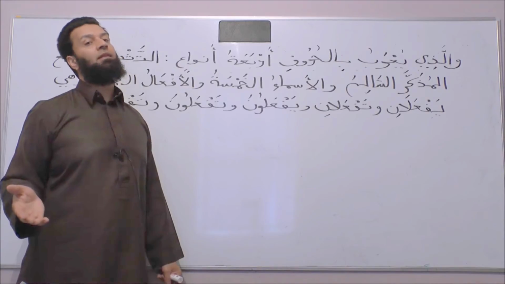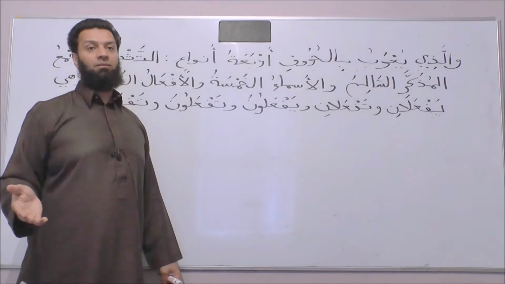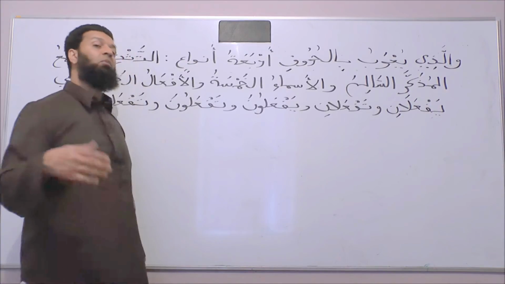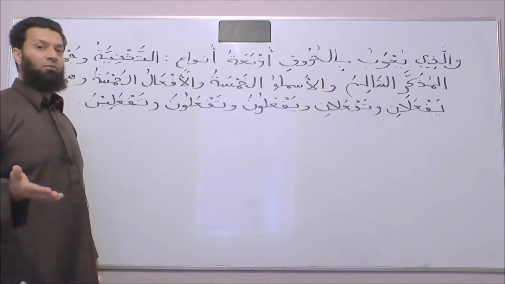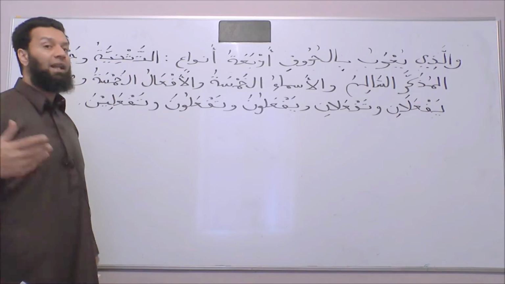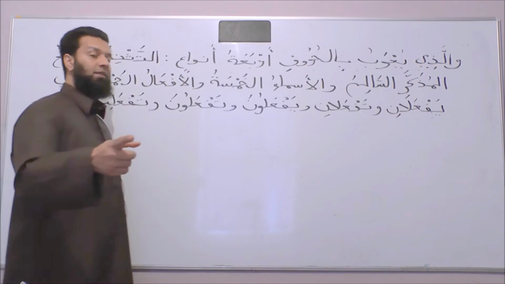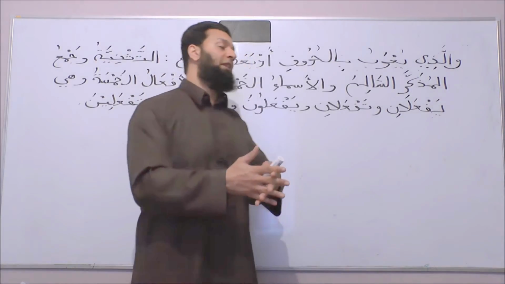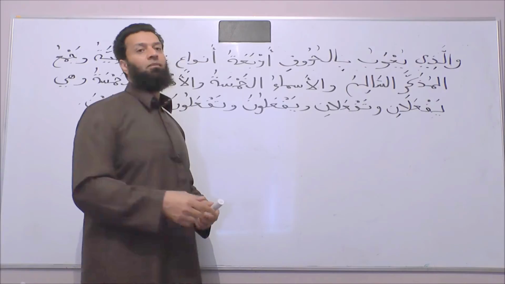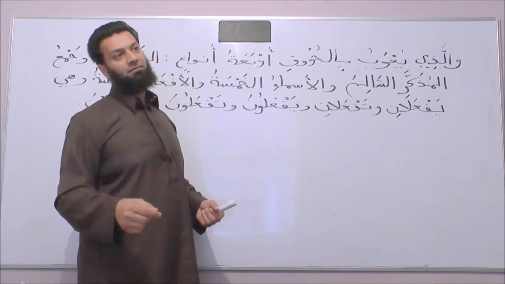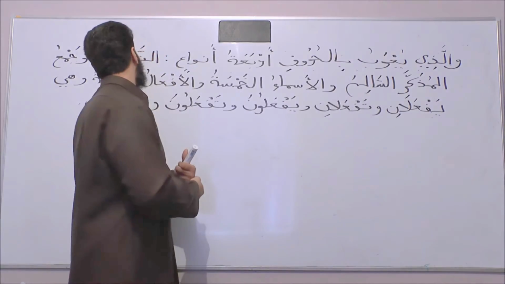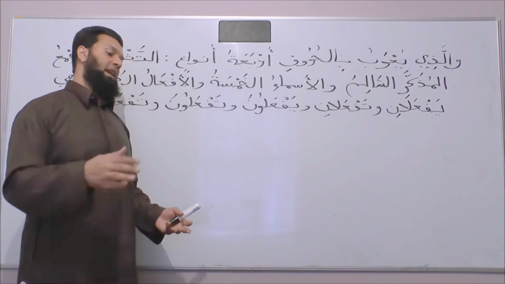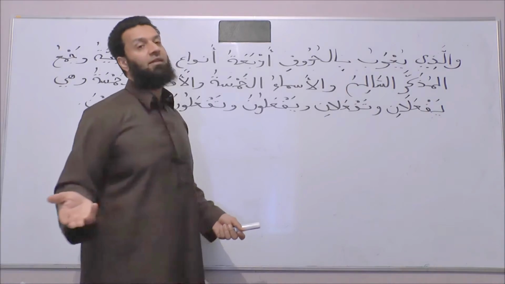At-tathniyah is the dual, al-muthanna. What two letters does the i'rab become manifest in for the tathniyah? Alif and noon. Right. So give me an example of al-muthanna in all states.